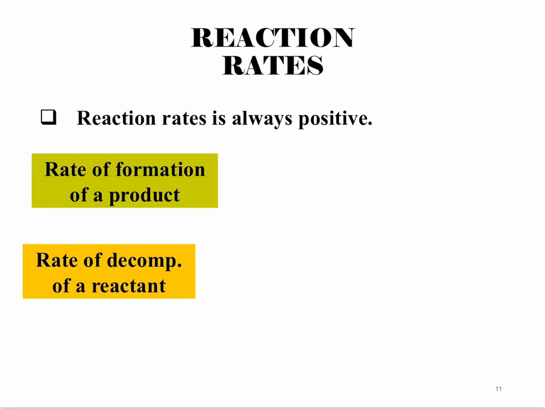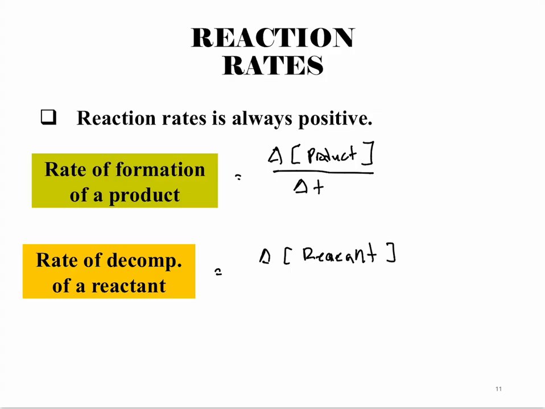The rate of formation of a product, again, is always going to be the change in the concentration of the product over the change in time. And the rate of decomposition or depletion of a reactant is going to be the change in the concentration of whatever the reactant is over the change in time.